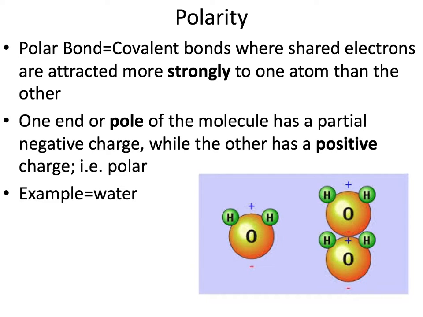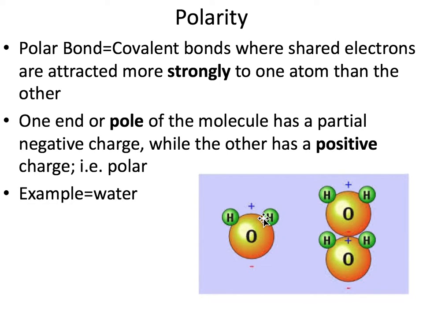Now, polar bonds are a type of covalent bond where electrons are shared. And it's where they're sharing unevenly. So it's like when you split a cheesecake with your friend and your friend gets more of it than you do. You're not sharing equally. That's a polar bond. They're sharing electrons, but they're not sharing equally. So for example, water is a polar covalent bond. Oxygen hogs the electrons more than hydrogen does.